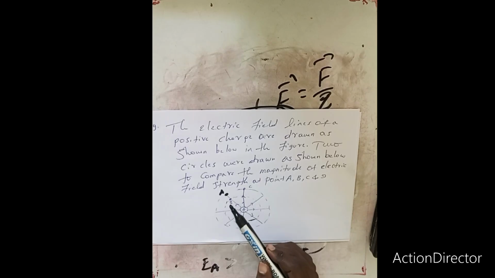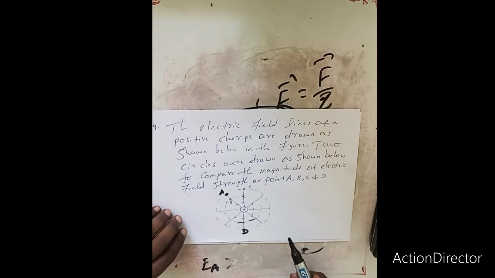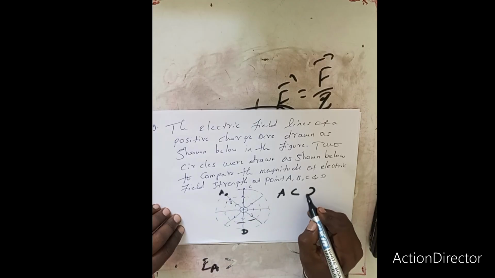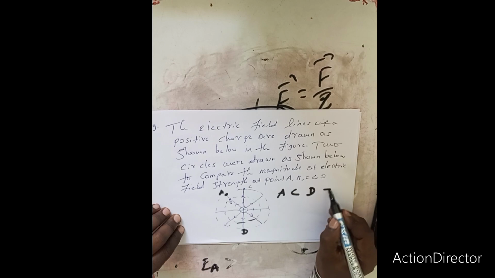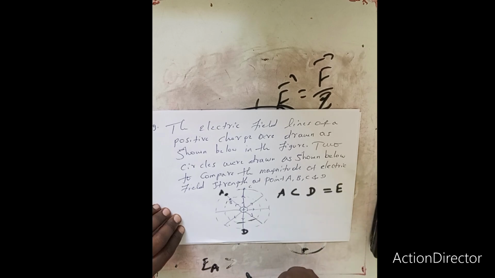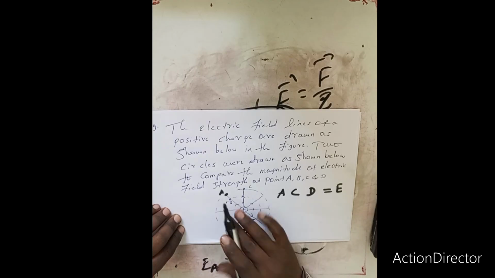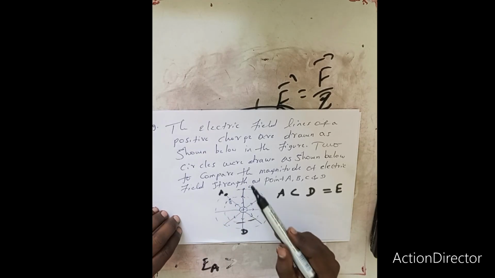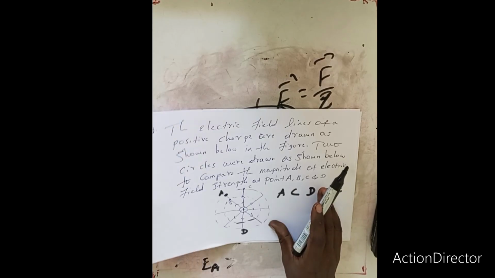We have A, B, C, and D. So from this, we can say that A, C, D, they are in the same circle, so they have equal electric field. And B is in the first circle, so it's not equal to A or D. Therefore, let's see the alternatives.